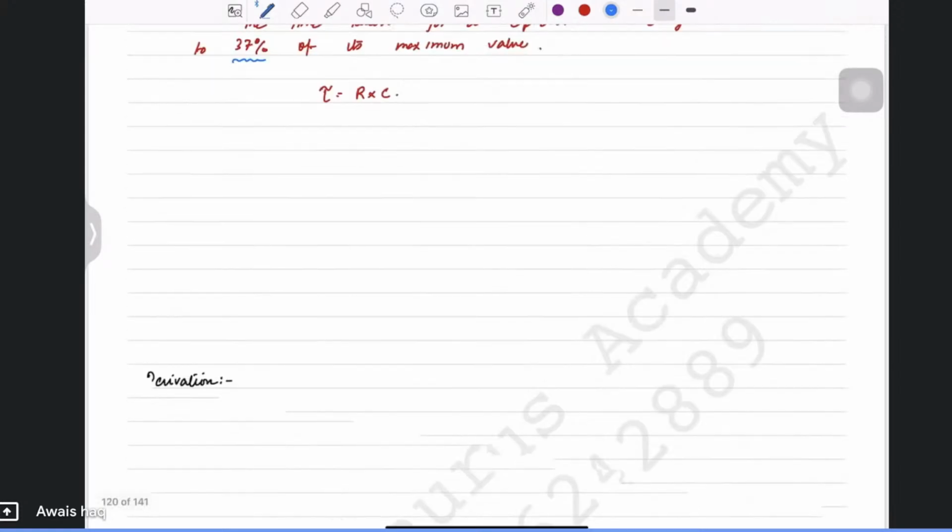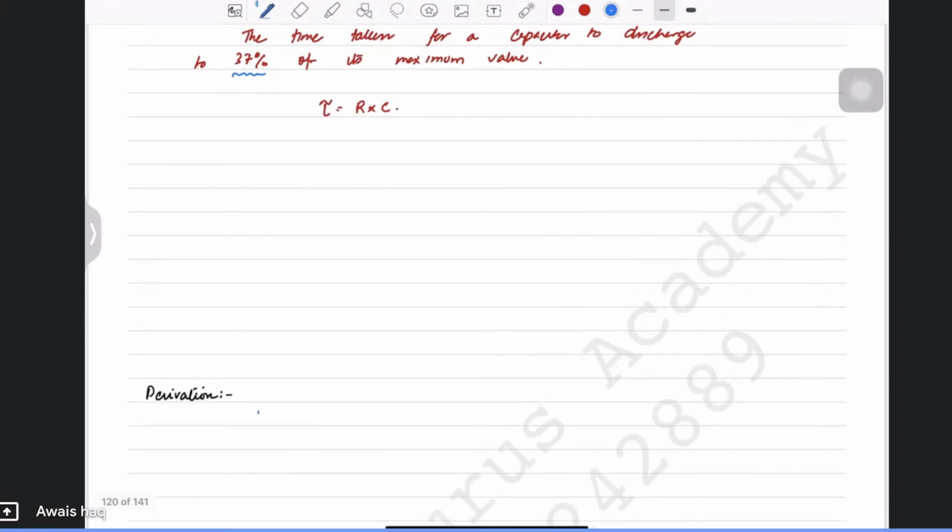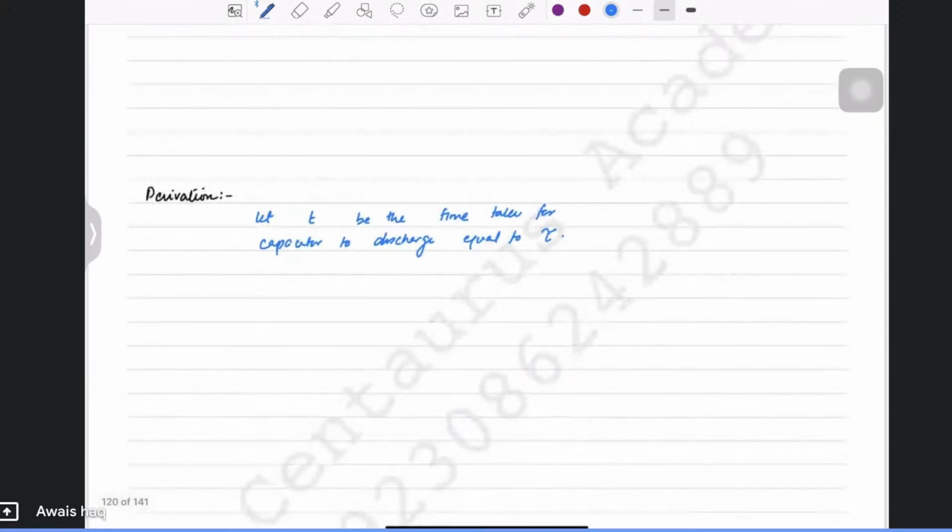So for this, we're going to derive it a bit. Let T be the time taken for the capacitor to discharge equal to the time constant. We know that the time constant is equal to RC, so we're going to call that T. Now you can use any equation that you want.